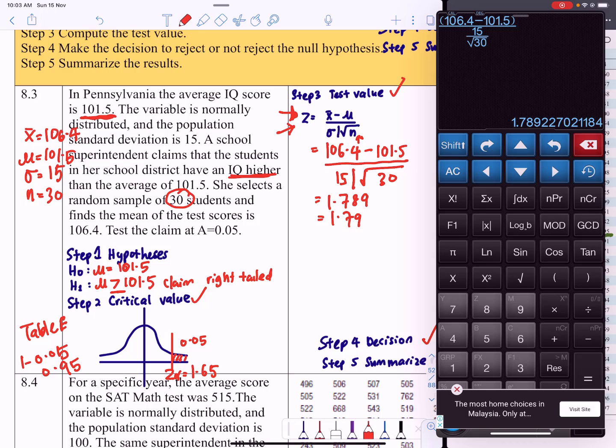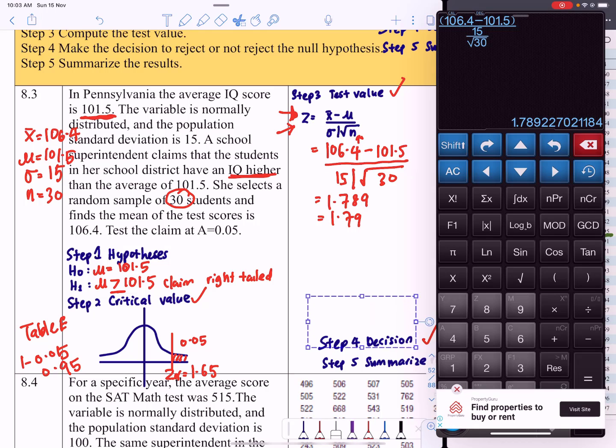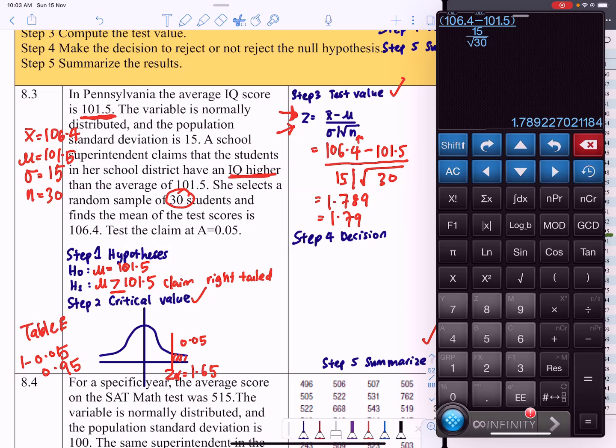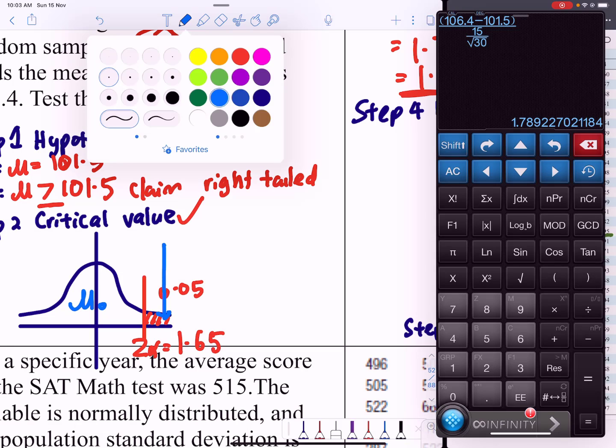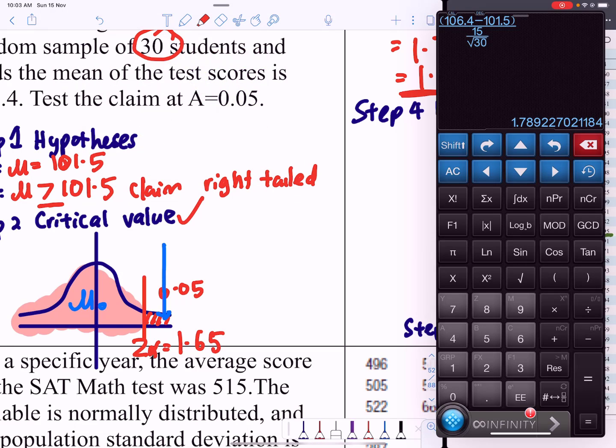Okay, that is for the test value. Then we go to step 4, the decision. What is the location of the 1.79 here? The 1.79 location is here. This is the null hypothesis region, and this other one is the alternative hypothesis region.